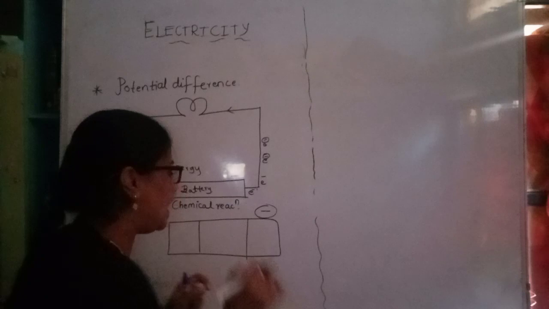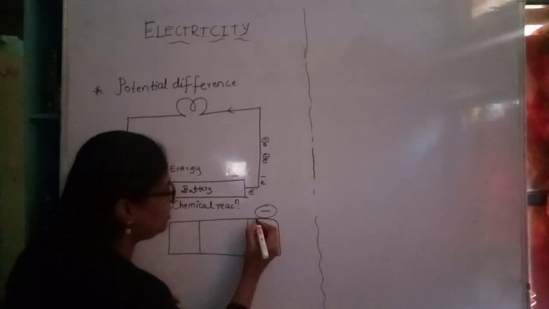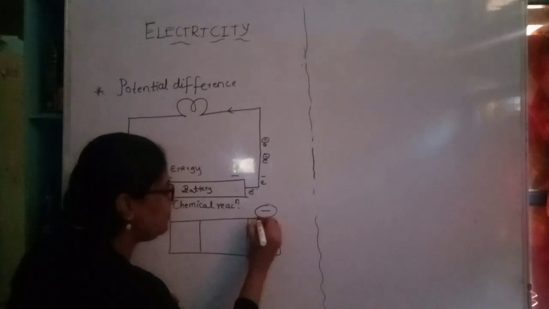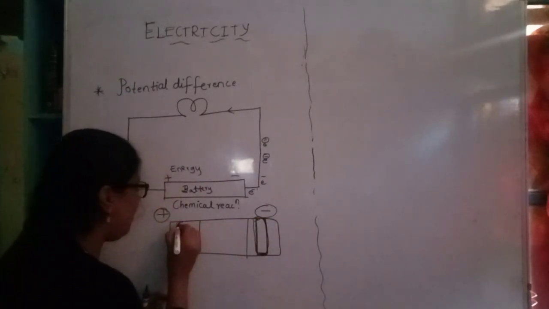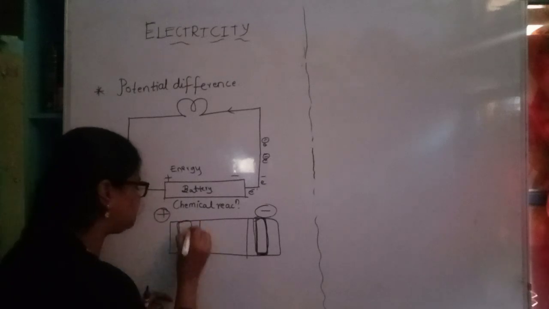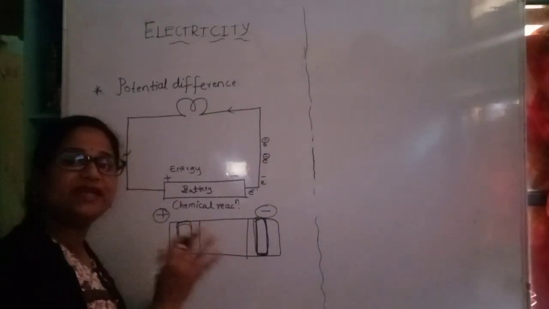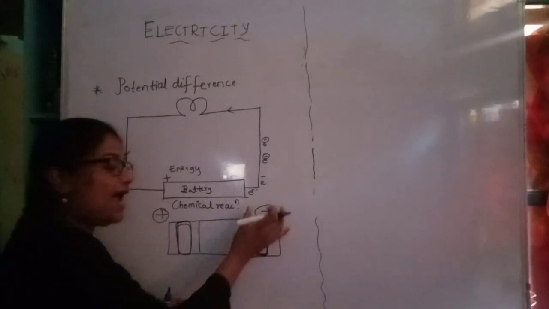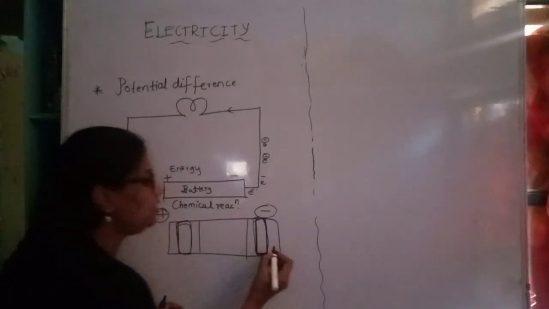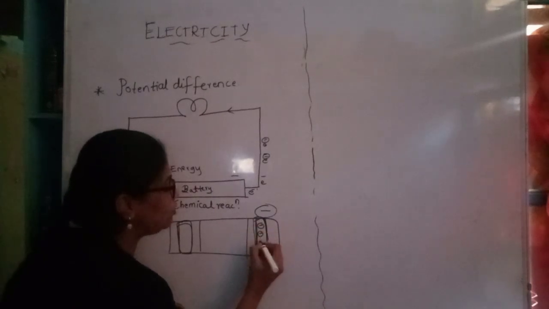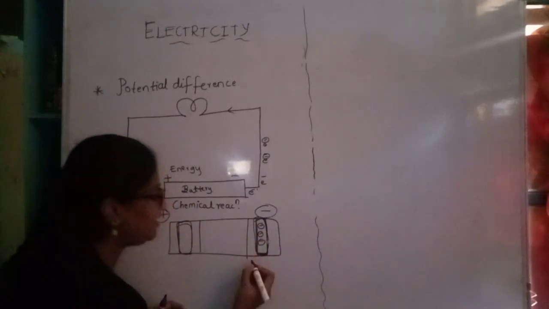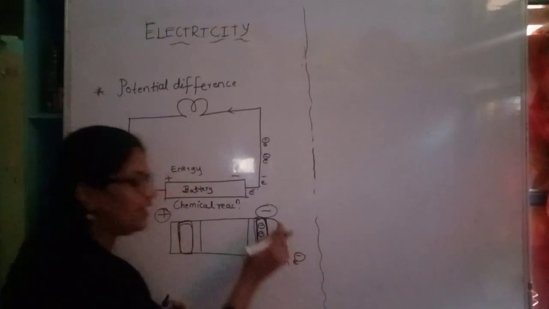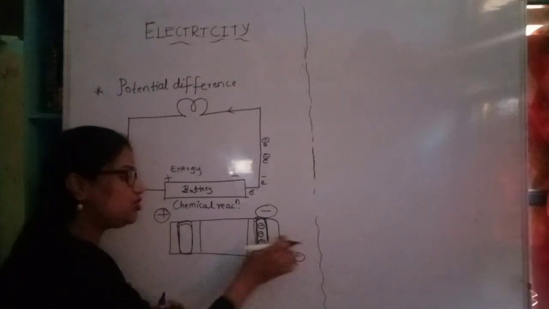It is because inside the battery we have two metal plates. The metal plate at the negative terminal will be rich in negative charges, or we can say rich in electrons.